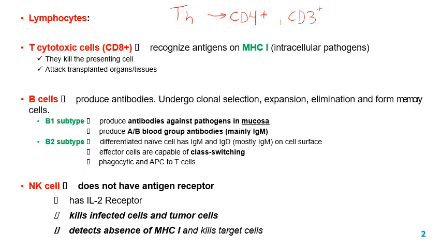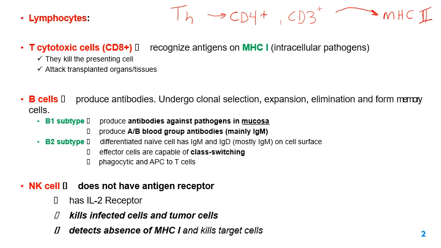And the development of those helper cells really will depend on what type of pathogen they need to fight. And we're going to go into more details on that a bit more today. Okay? So T helper cells, they are going to recognize antigen that are presented to them in a special molecule that is called major histocompatibility complex type 2.